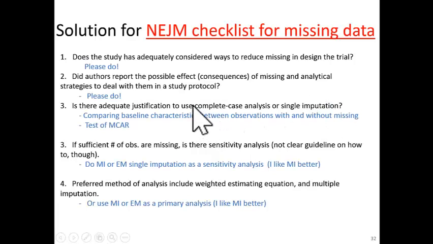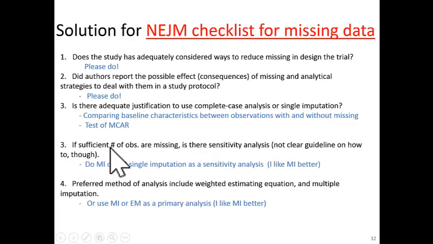When you use a method which is inferior to available methods, like multiple imputation or the EM method, you need to justify the use of such a method. So when you totally ignore missingness and analyze data only with complete case analysis, you need to prove you have missing completely at random, and such proof includes computing a p-value based on Little's test for MCAR, or comparing baseline characteristics between the incomplete data set and the complete data set.